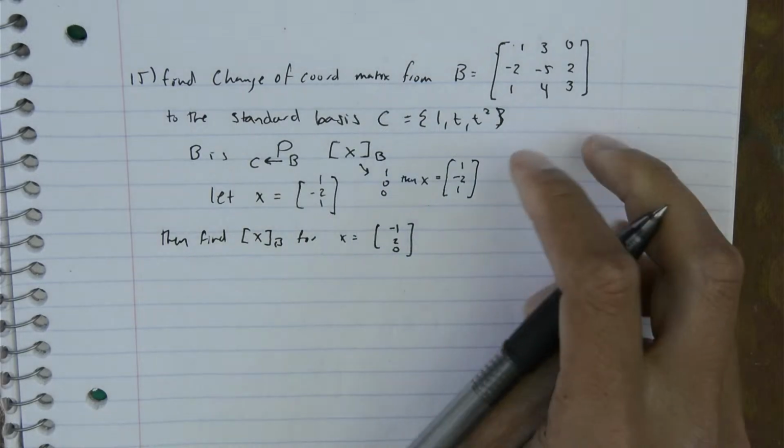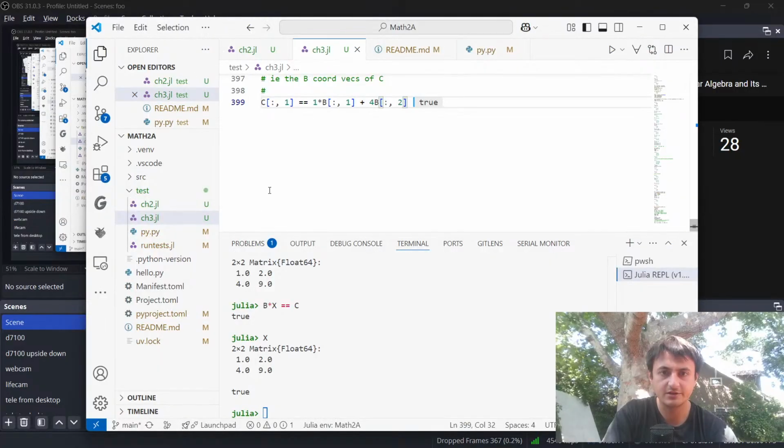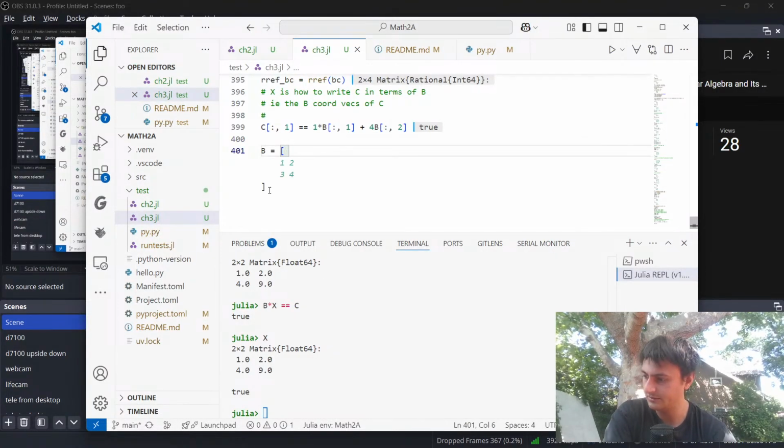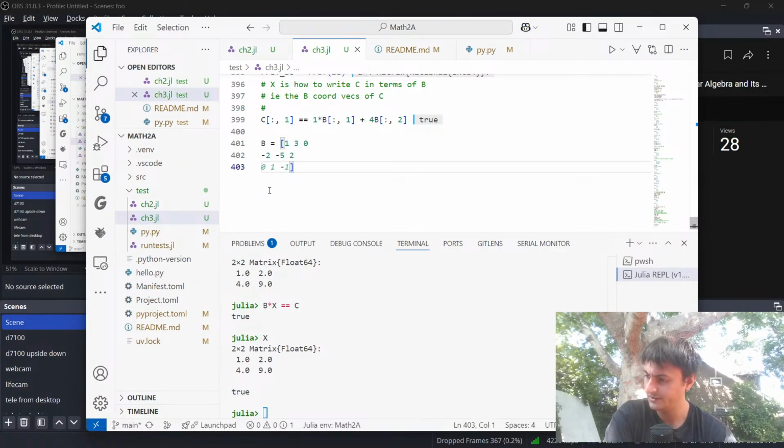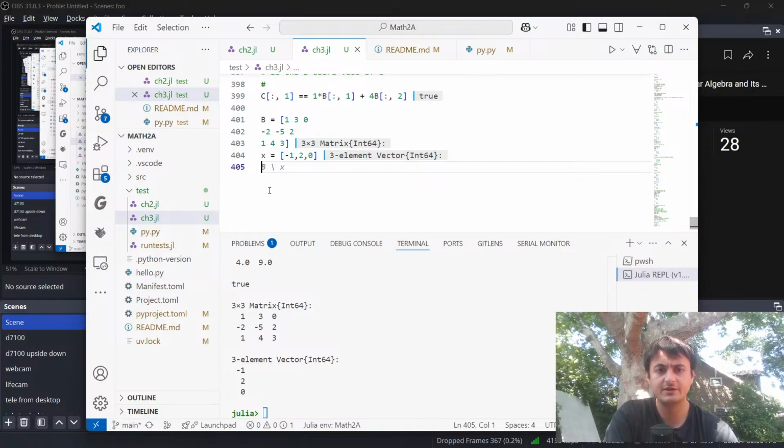So the way to do that is, we'll just do it in a calculator. So we have B is equal to 1, 3, 0, minus 2, minus 5, 2, and 1, 4, 3. And then we have x is equal to minus 1, 2, 0, and then we can just do this.